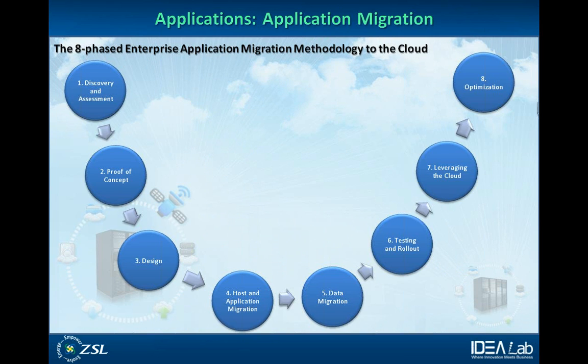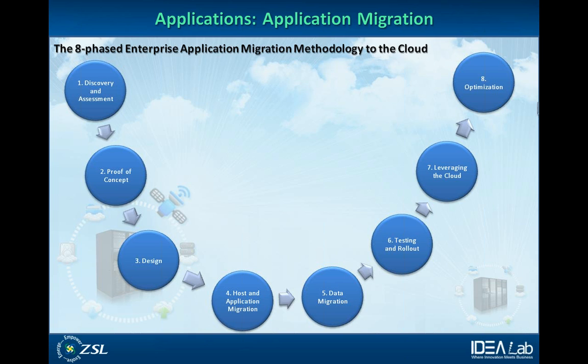And as part of our cloud framework, the Smart Price Cloud Framework, we also have an application migration methodology, which is an 8-step process which includes the discovery and assessment phase, which aligns a lot with the previous slide we saw. Then the next steps are where we provide a proof of concept, design or refactor your application, and make sure that it behaves properly when we deploy it into the cloud.